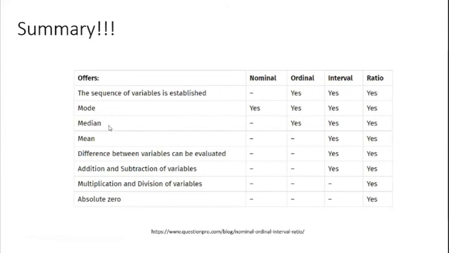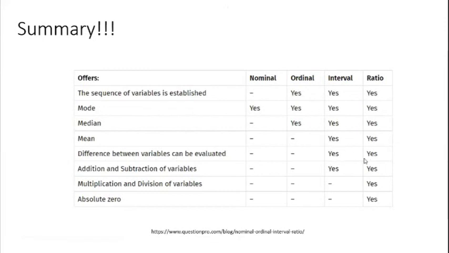Can we determine the median? Again, another no, sadly. But yes, for the other three levels of measurement. Can we determine the mean? Yes, for the interval and ratio, but not for our two qualitative levels, nominal and ordinal. Can differences, meaning subtraction between variables, be evaluated?